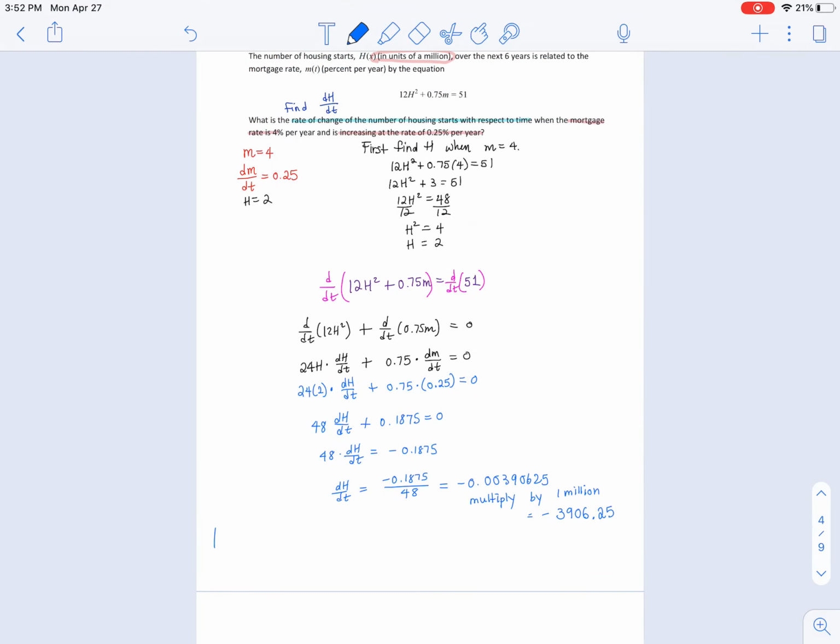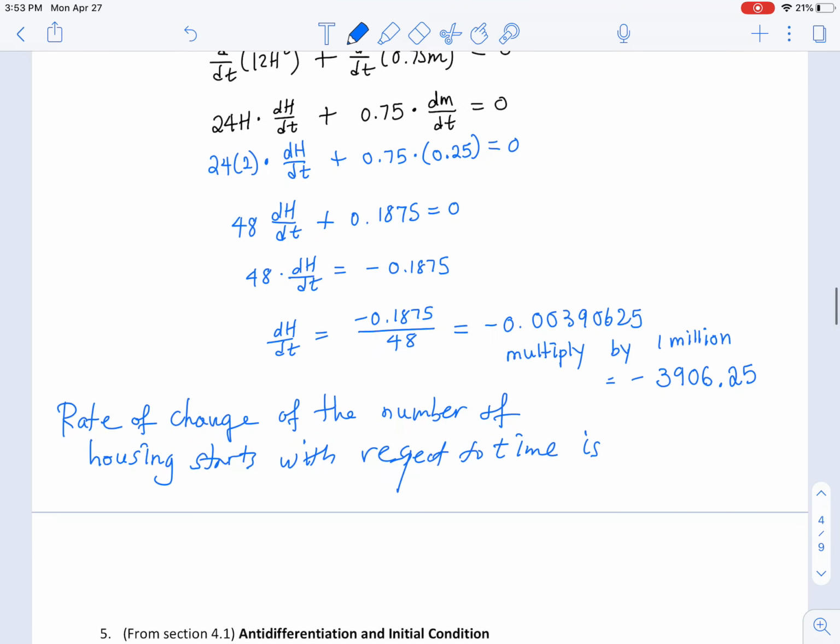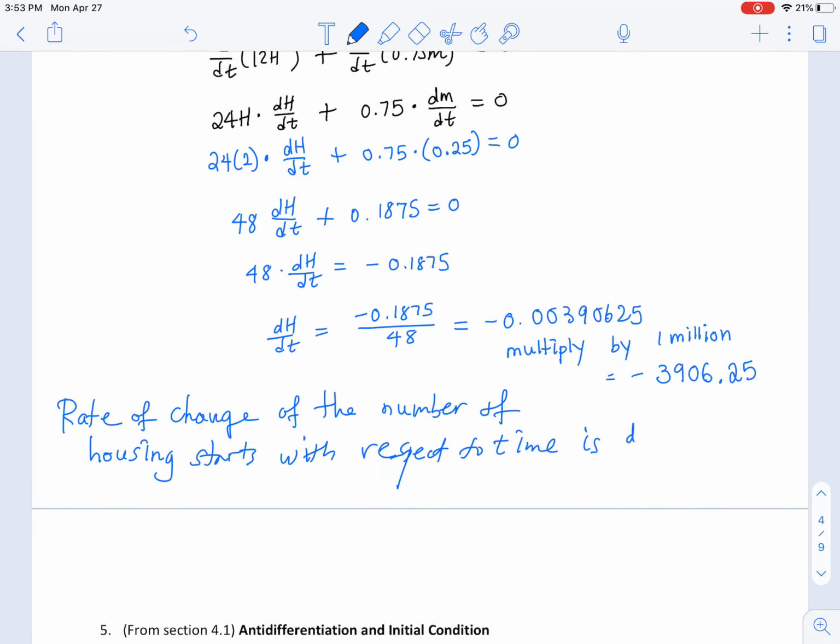Let me write the sentence answer somewhere over here. The rate of change of the number of housing starts with respect to time is increasing or decreasing?